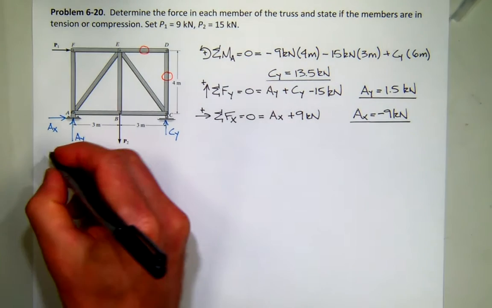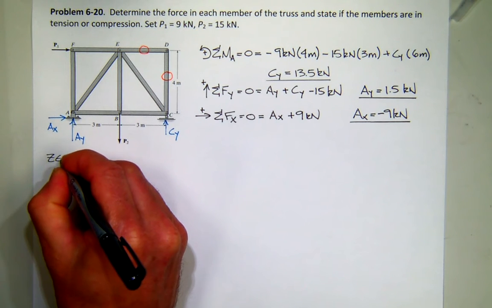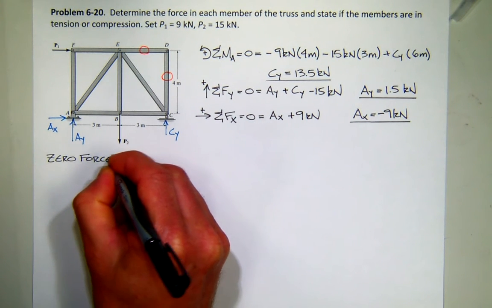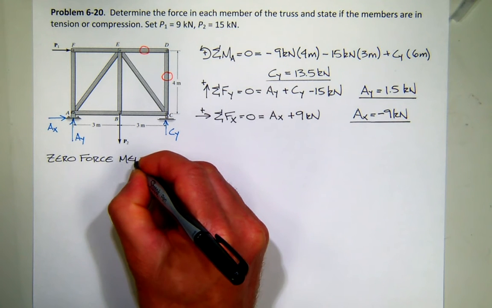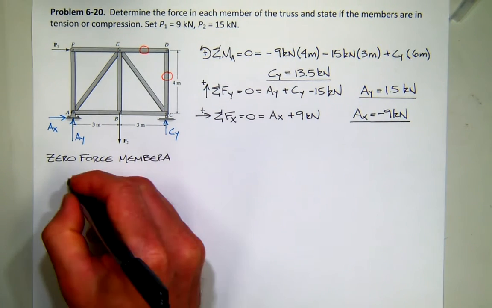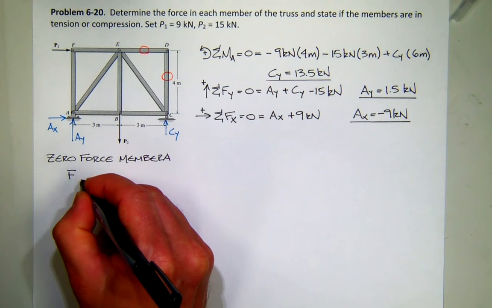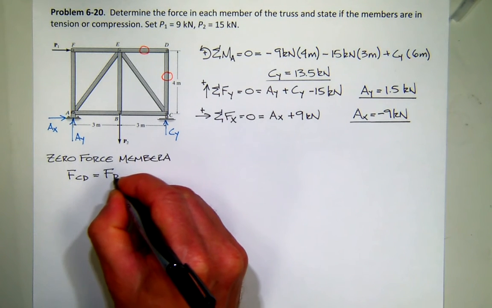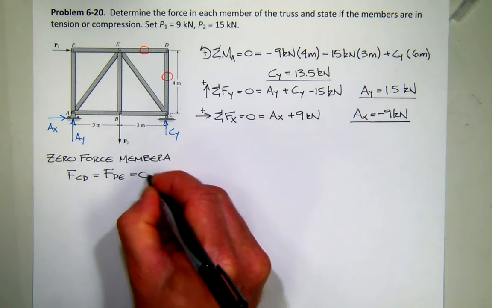So I could say by inspection that I have zero force members, and therefore the force in CD is equal to the force in DE, which is equal to 0.